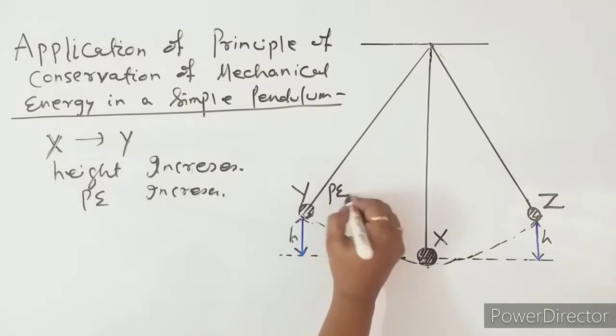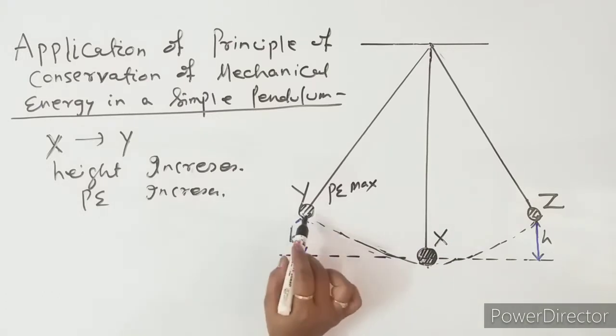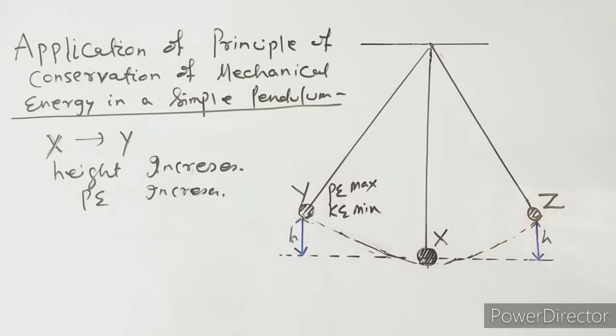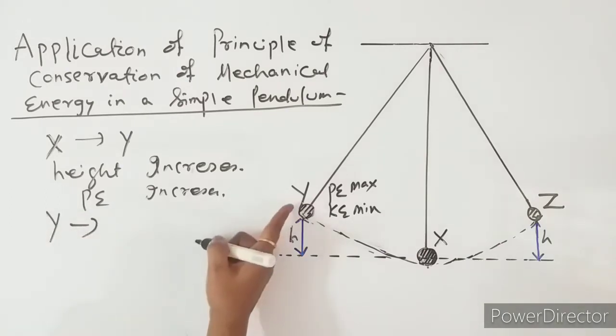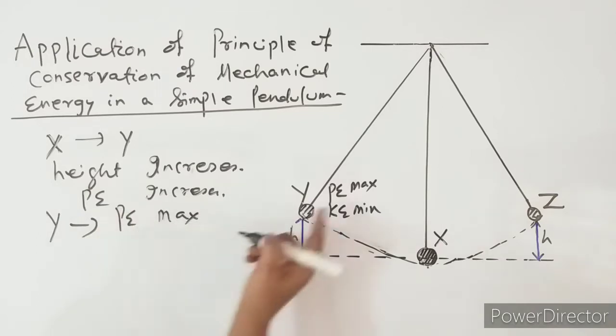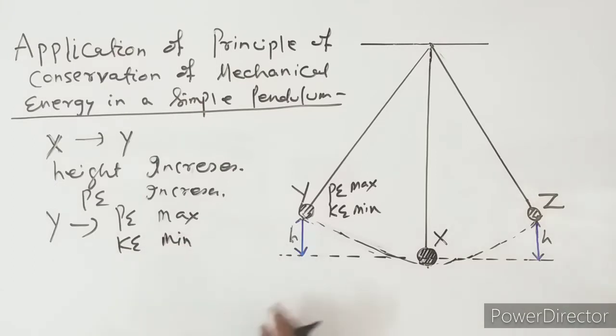So we can write PE maximum. When potential energy is maximum here, it is at rest, so at that case KE will be at the minimum. So at y, which is one of the extreme positions, PE is maximum, potential energy is maximum, and kinetic energy is minimum.